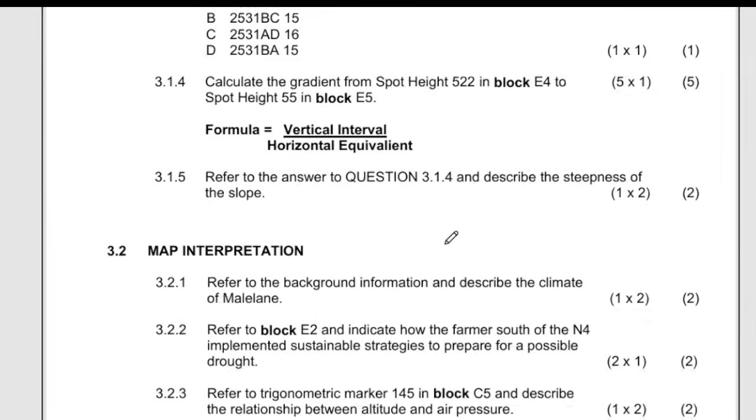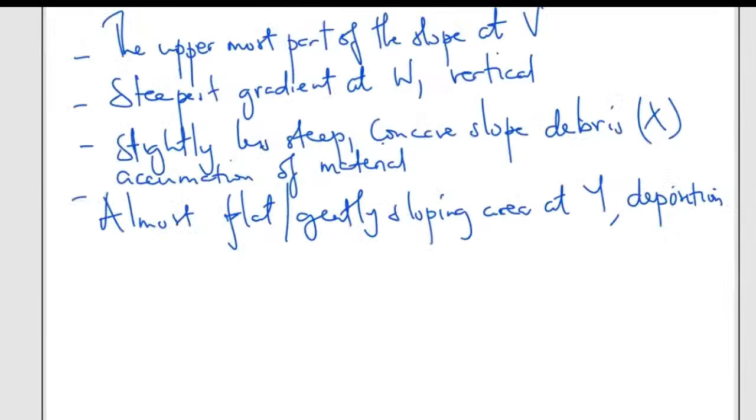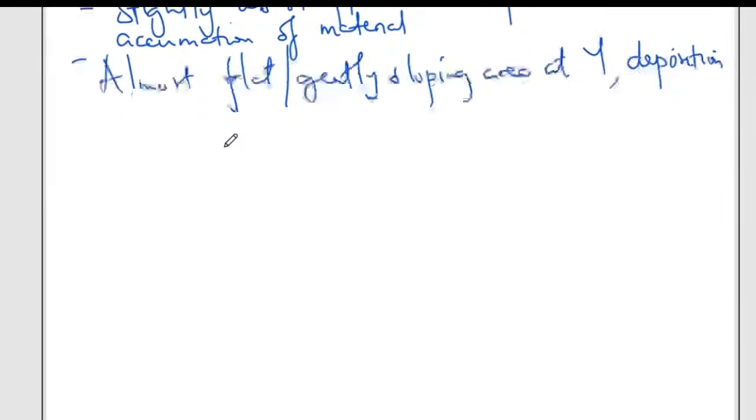Right. Calculating gradient. That is common understanding. I'll just explain what you need to do. When you're calculating gradient, we are supposed to figure out the gradient between a spot height and a spot height in another block. So you have to identify your two features. Let's say the question says calculate the gradient between these 2 points.